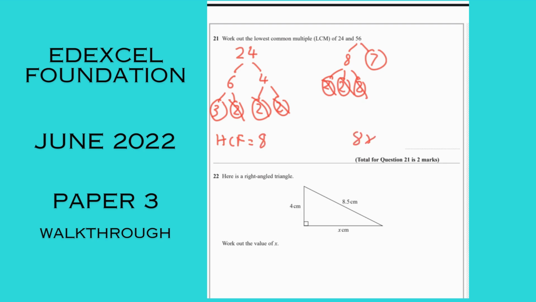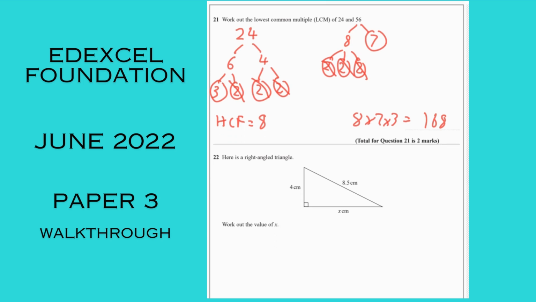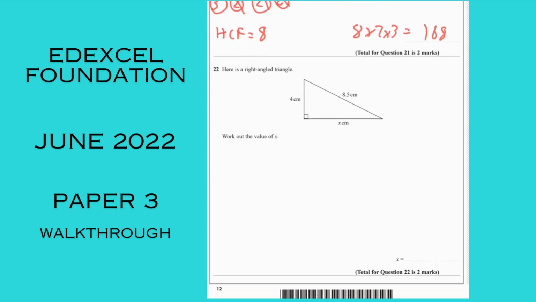And we take the 8 and multiply it by the leftovers to give us 168. I'd say that method is less efficient than writing out the multiples, but like I say, I think you should revise that technique because it prepares you for all possibilities in your exam.